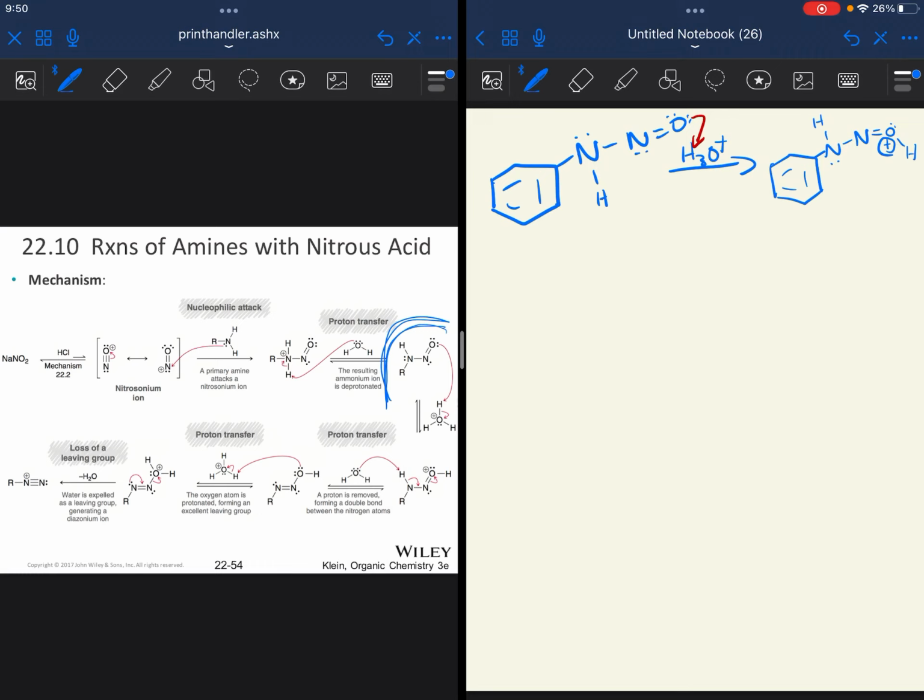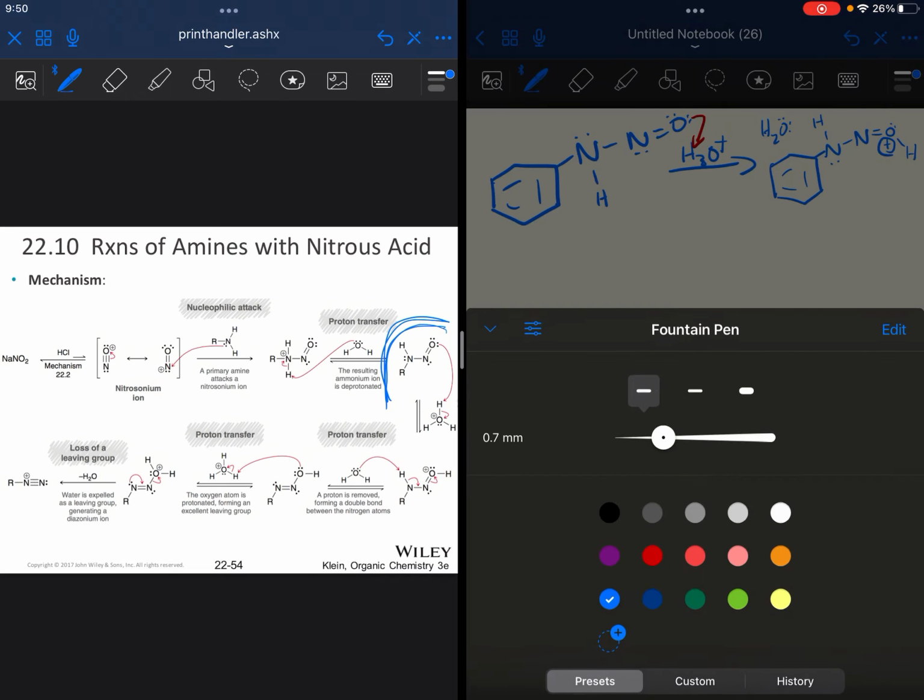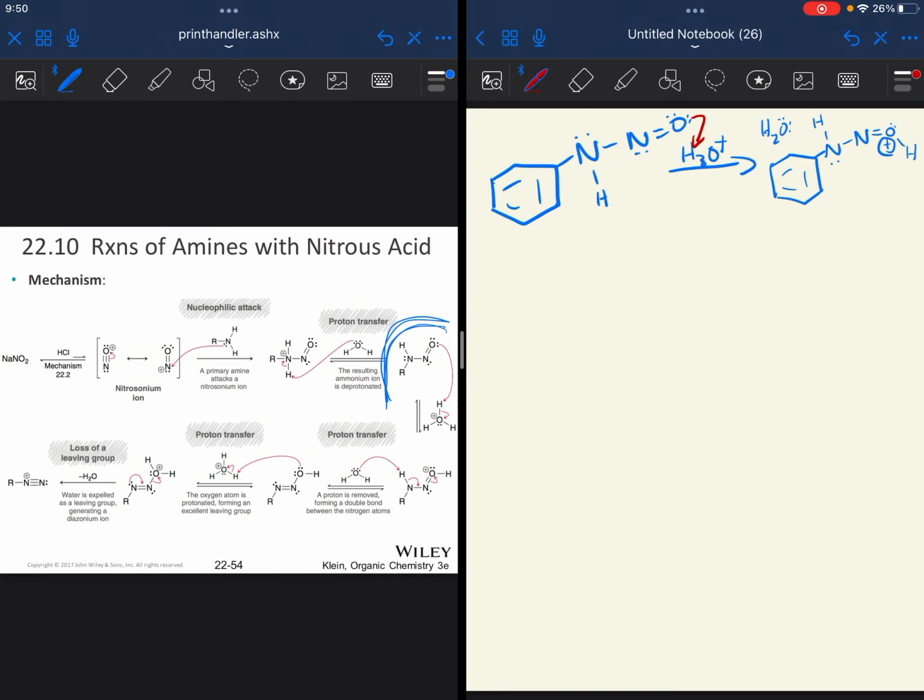So this proton attached to the nitrogen, it's going to get moved, but we're going to show it moving through the solvent, right, rather than just picking it straight up or switching it intermolecularly. So grab it with the water, give those electrons back to the nitrogen. So you wind up with a negatively charged nitrogen here.